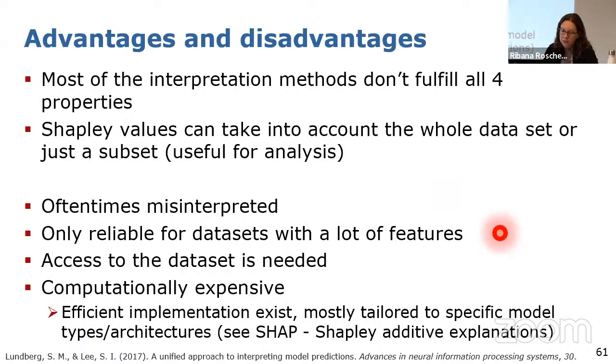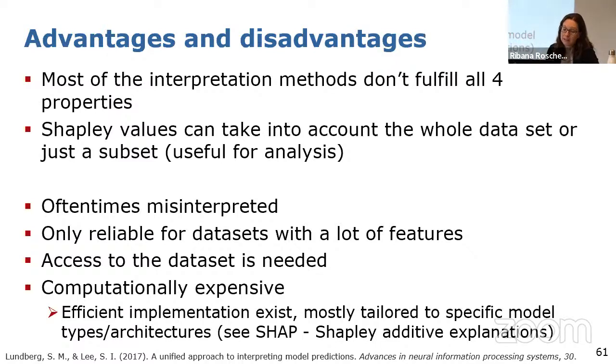But it also has some disadvantages. It's oftentimes misinterpreted. It also happens to me still, even if I look again and again and again. And it's only reliable for data sets with a lot of features, because there's a whole marginalizing out and summing of all the coalitions. If you have only a few features, it's not so reliable.